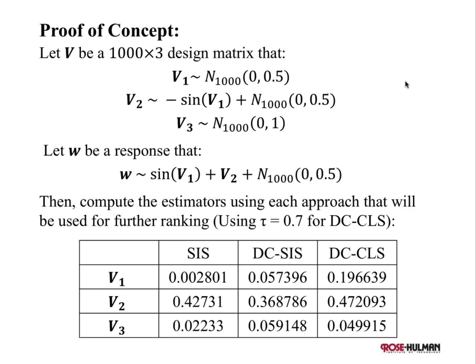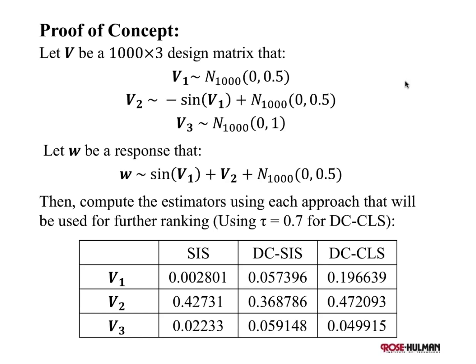Before we get into our simulation studies, we did a proof of concept using a smaller design matrix. We designed a design matrix of size 1,000 by 3, where the first column follows a normal distribution centered at 0 with a standard deviation of 0.5.